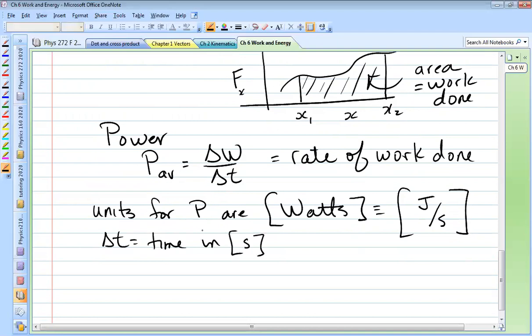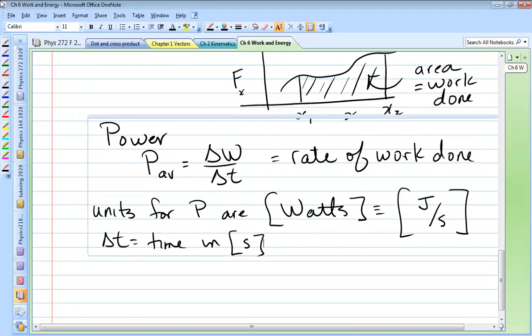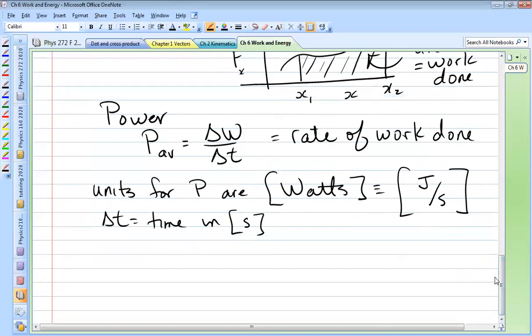So if you run up a pair of stairs really quickly, you would be generating more power than if you go up slowly, even though the amount of work done would be the same in both cases, because the force it takes to lift your body would be the same. Now that's average, which means assuming that the work done is just a constant and you simply have that number, you can use this formula.